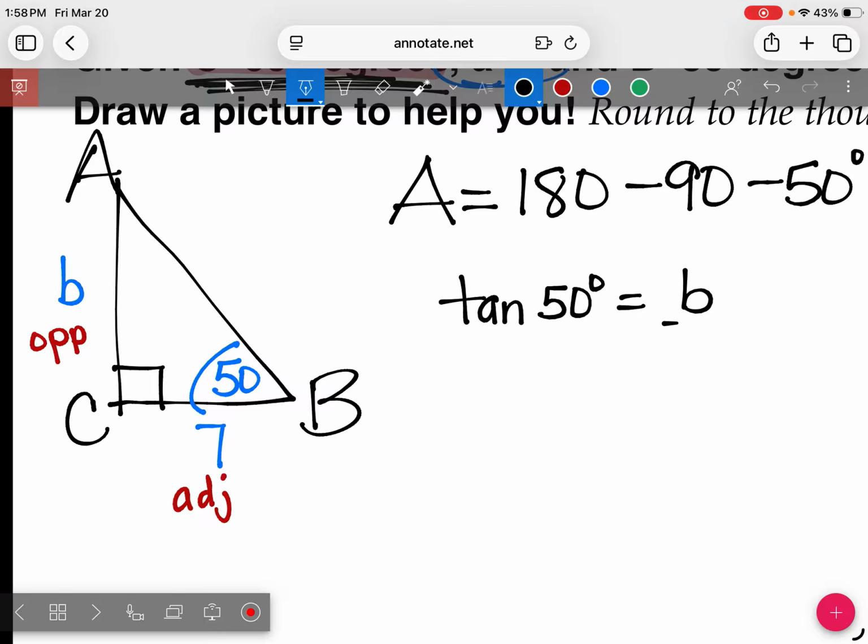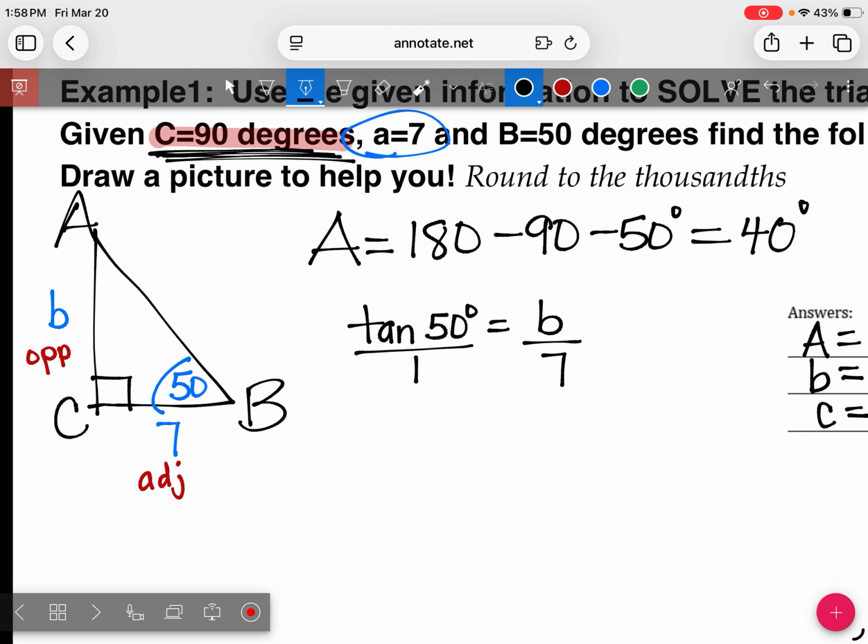equals b over 7. You have to set up the ratio correctly. Opposite is in the numerator, adjacent is in the denominator. Go ahead and solve it. Cross multiply and solve it for b.